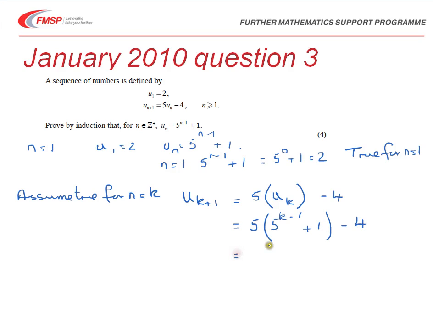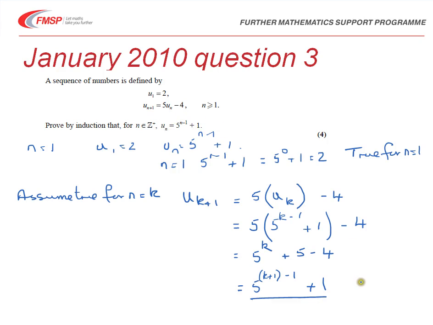But if we multiply out the bracket, that gives us 5 to the power of k, and then plus 5 minus 4. But writing that so that we're clear that we've got k+1 in here, this is equal to 5 to the power of (k+1) minus 1, and then plus 1. So here's our formula now, true for n equal to k+1.